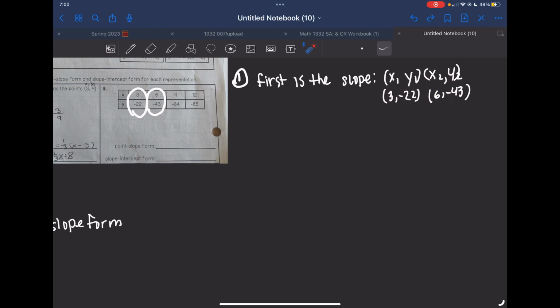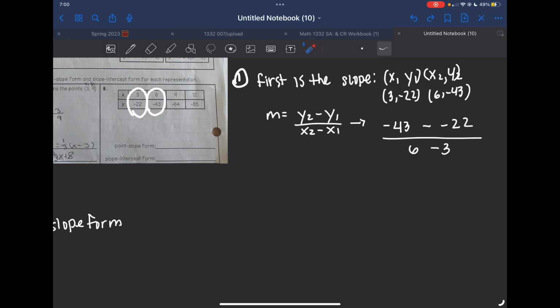When we set up the formula for slope, it's m equals y2 minus y1 over x2 minus x1. We're going to say negative 43 minus negative 22 over 6 minus 3. As I work down, I'm going to keep on simplifying.